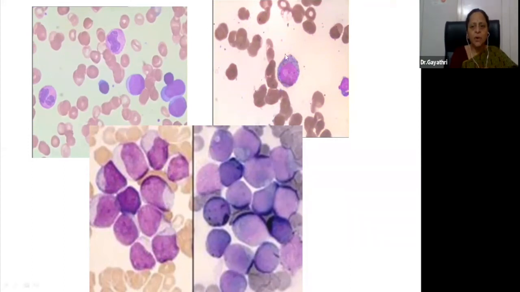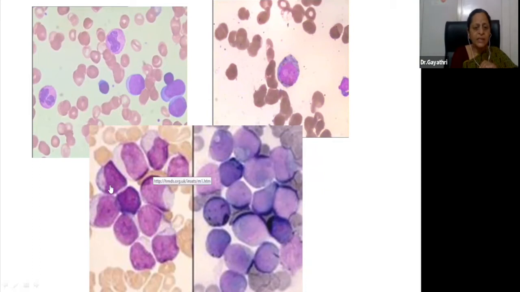Another blast, you all know: granules in the cytoplasm, prominent distinct nucleoli in the nucleus, coarse granules. Probably this is a myeloid blast. I won't bet my last penny on this, but yes, it almost certainly will be a myeloperoxidase positive myeloid blast.